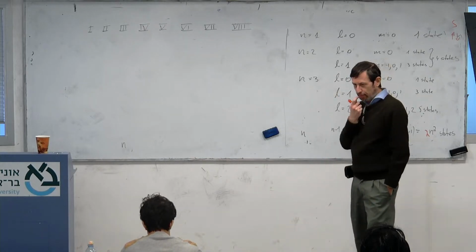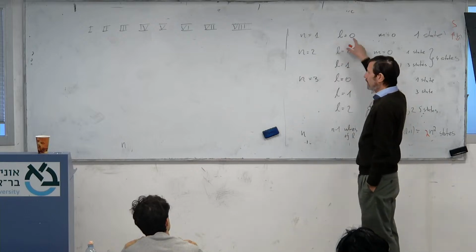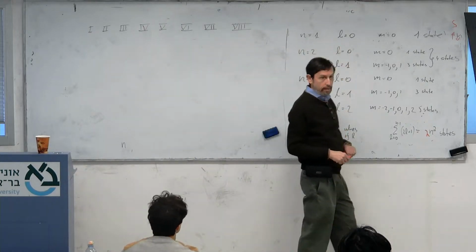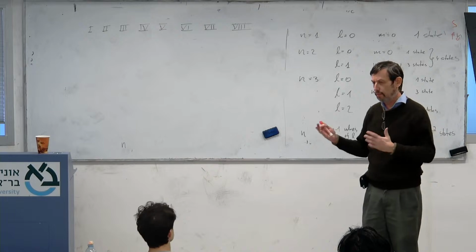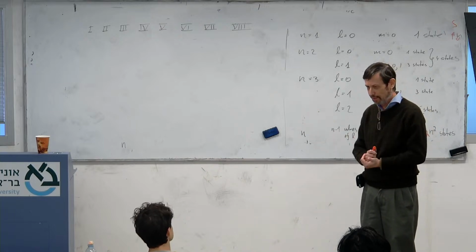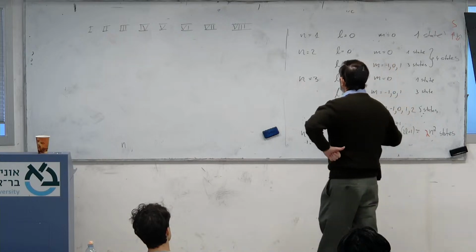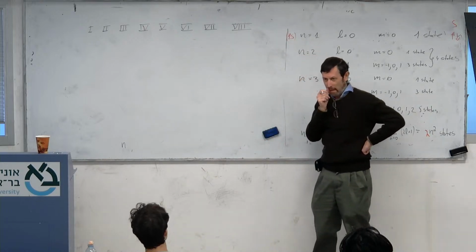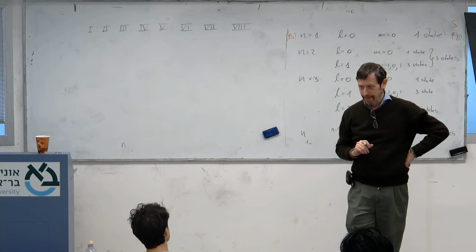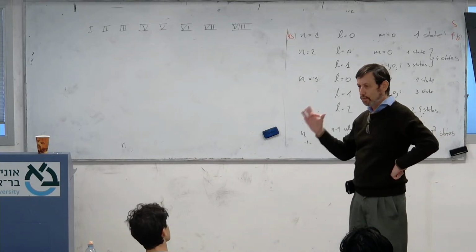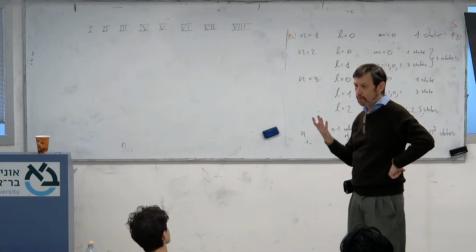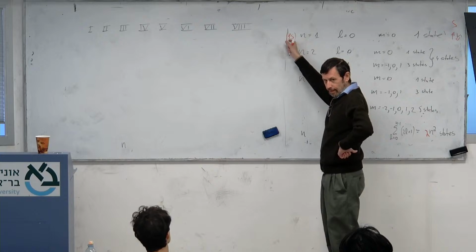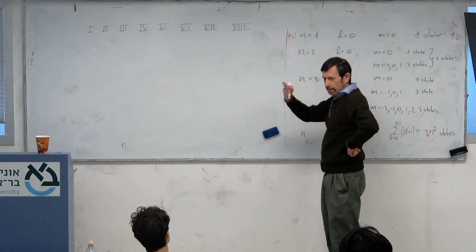So instead of calling this state as it appears here, N1, L0, M0, usually the notation is 1s. 1 is like N, but the L equals 0 state receives the notation S. Actually, it continues even in physics and superconductivity.